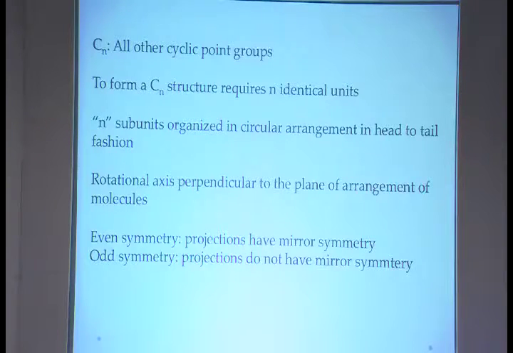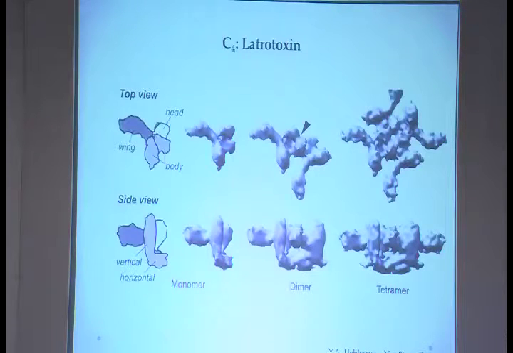The rotational axis is perpendicular to the plane of arrangement of the molecules. Typically, in cases of even symmetry, the projections have mirror symmetry, and in cases of odd symmetry, the projections do not have mirror symmetry. So these are also details which can be figured out from the 2D projections of the molecule that you're imaging, to determine the correct Cn value of your protein of interest if it does have Cn.